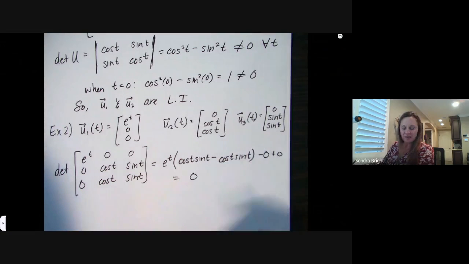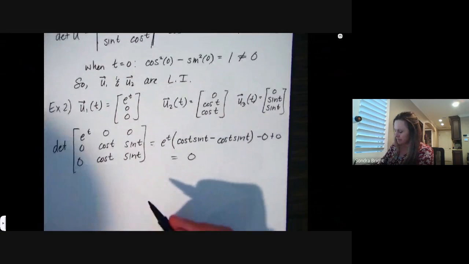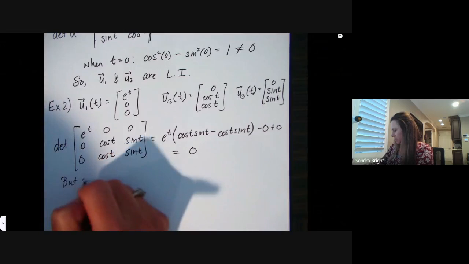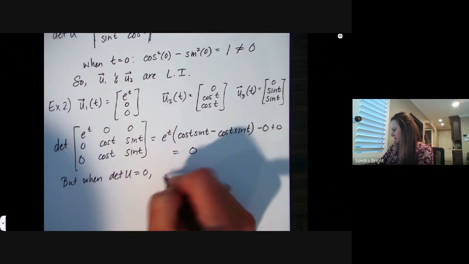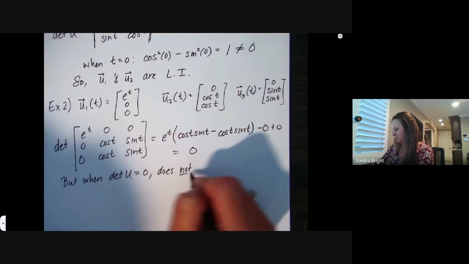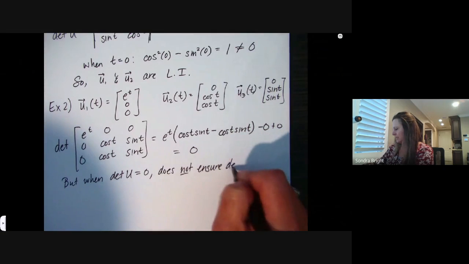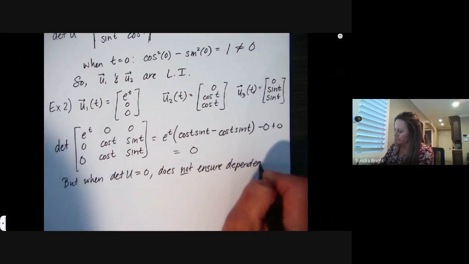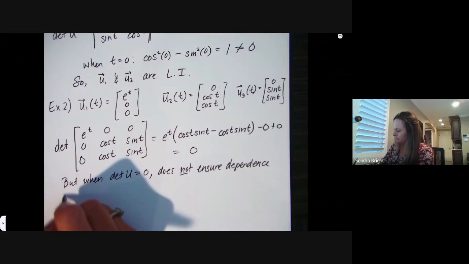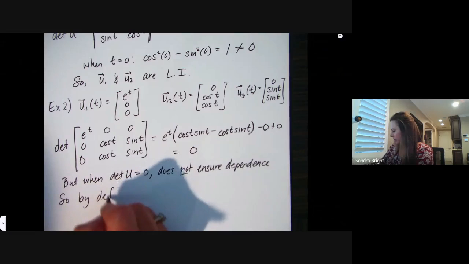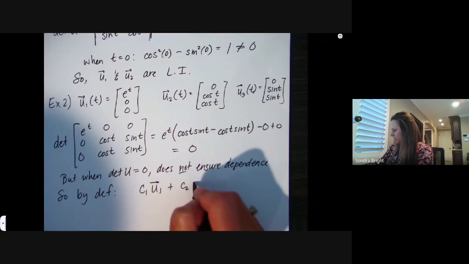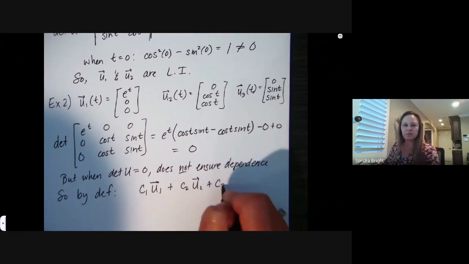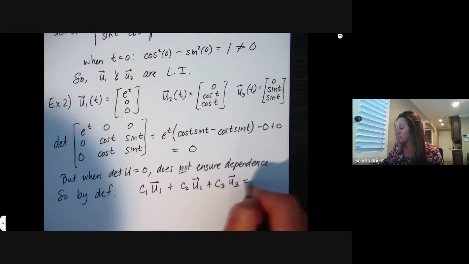But getting the determinant equal to 0 does not ensure dependence. It's not an if and only if statement. So we have to do it by definition, which means I'm going to set C1 times u1 plus C2 times u2 plus C3 times u3 equal to 0, and solve for C1, C2, and C3.